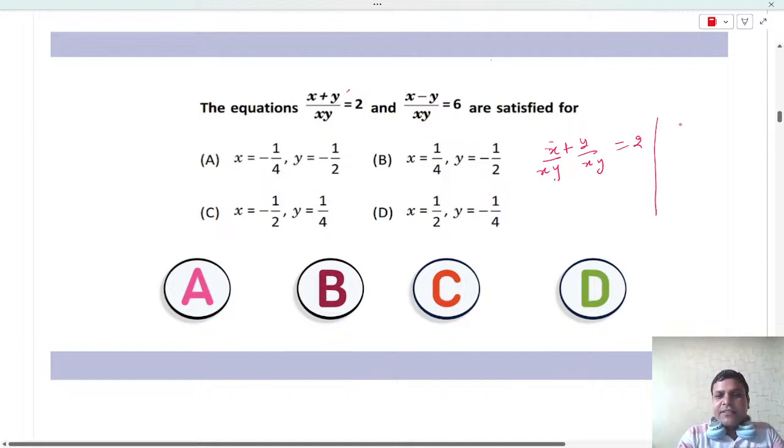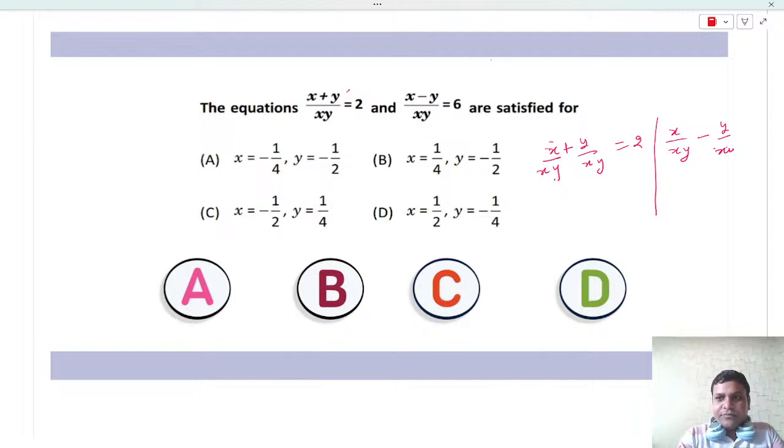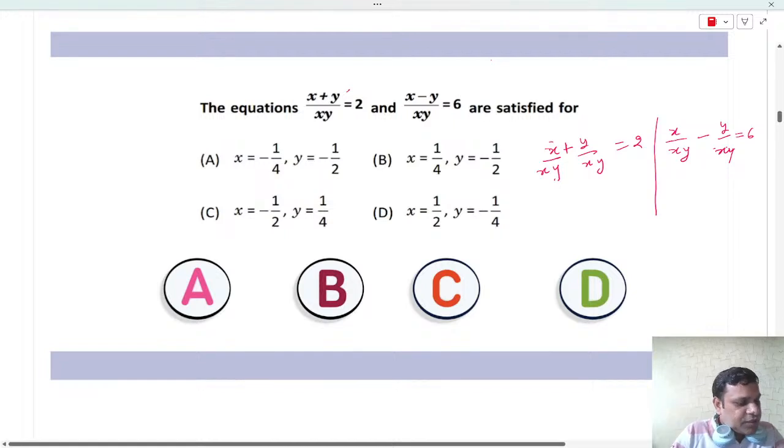And the second one is x upon xy minus y upon xy is equal to 6 here. First one, Kirat is talking about the first one. Wait a minute.